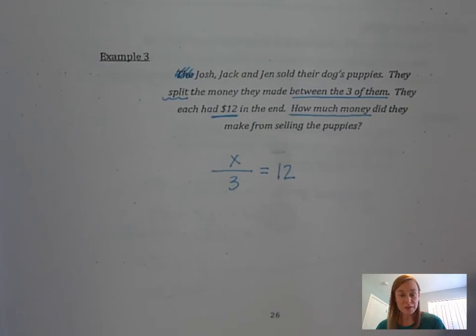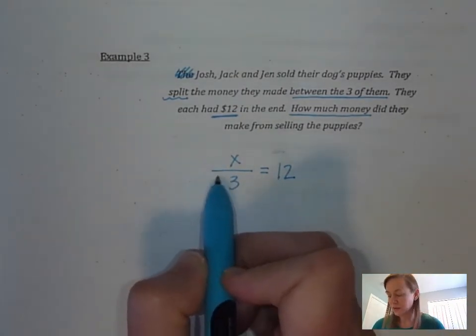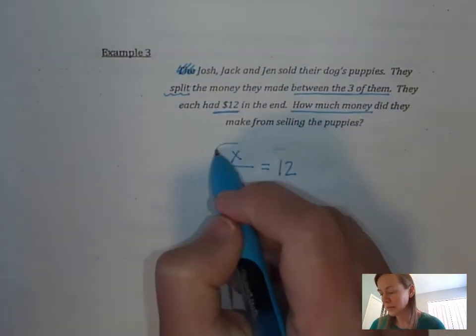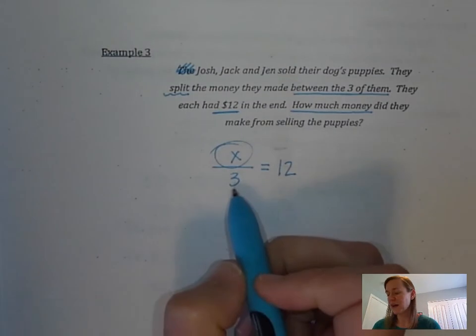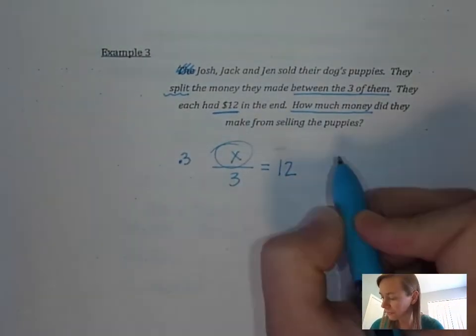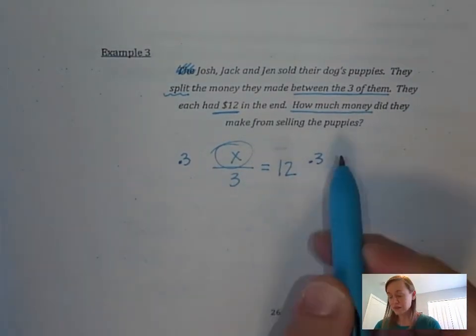So now we have a one-step equation that we need to solve. Right now x is being divided by 3, so we need to do the opposite to get rid of that 3. We need that x by itself. So the opposite of divide by 3 is to multiply by 3. I'm going to write times 3 here and times 3 there, because what we do to one side, we have to do to the other side.